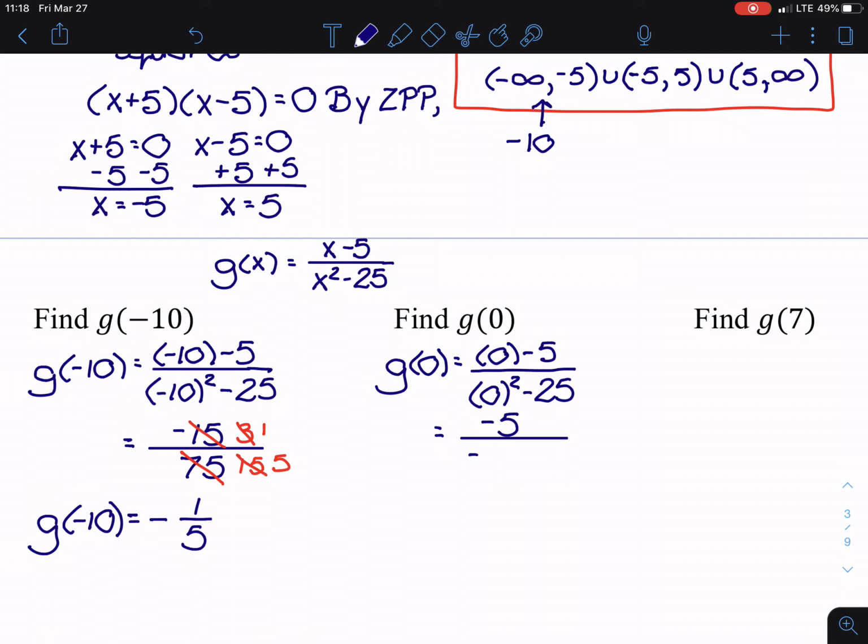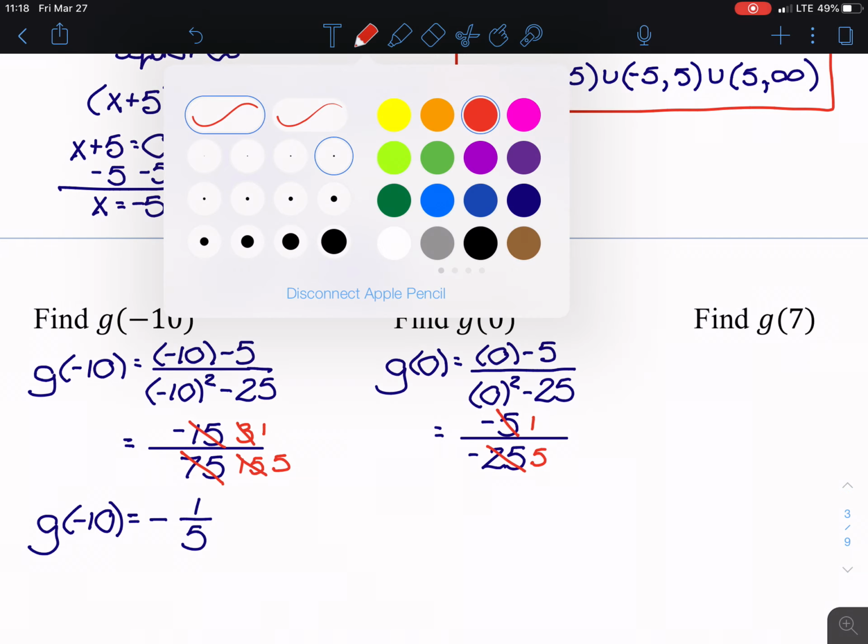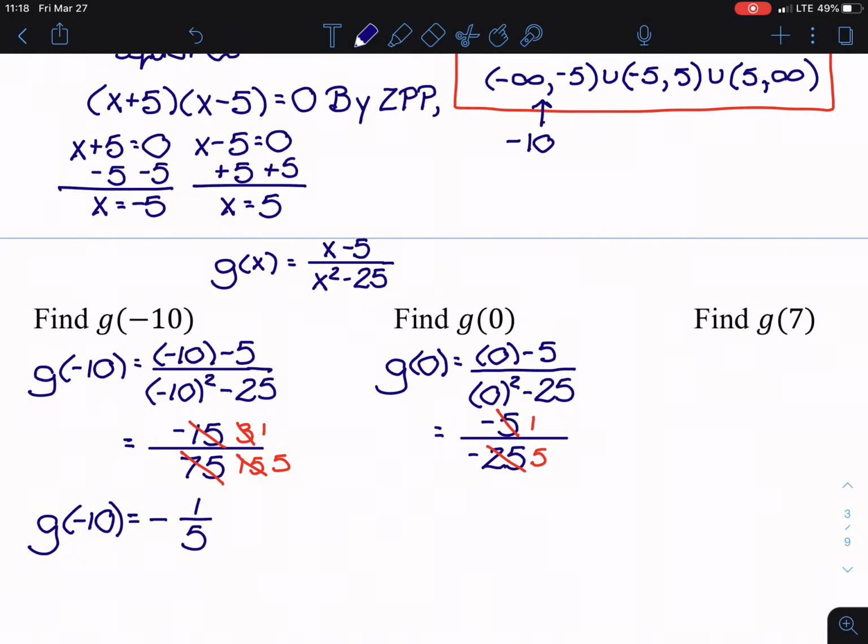Minus 25 is negative 25. Again, I can see that both the top and the bottom are divisible by 5. 5 divided by 5 is 1. 25 divided by 5 is 5. Now here I have a negative in the top and a negative on the bottom, so they cancel each other out, and this becomes a positive 1/5. So g of 0 is positive 1/5.